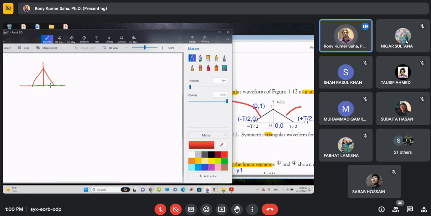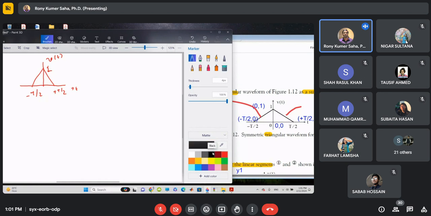This is the signal. Okay, maybe it's not 100% accurate. And this one is t over 2 in time. The magnitude of the signal is 1. Okay, so you are given this. Now you have to express this one as a sum of unit step responses.